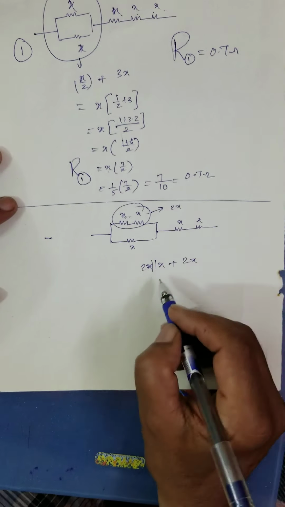Dividing 10 by 1.6, we get 6.25 into 10 to the power of 18. So that many electrons. This is for 1 mark they have asked.